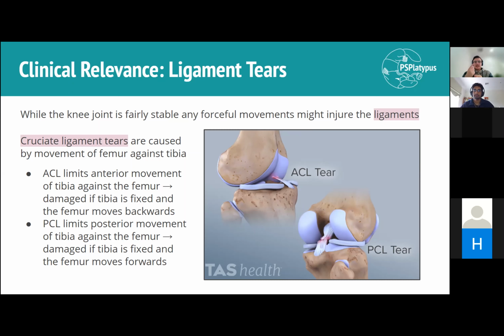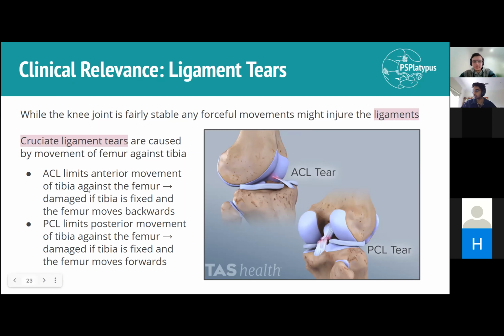So in this case, it's kind of the opposite. The ACL limits anterior movement of the tibia, or in other words, it limits posterior movement of the femur against the tibia. And that's what's actually going to happen clinically, where the tibia is fixed and it's the femur that's moving, not the femur being fixed and the tibia moving. So the ACL will be damaged if the tibia is fixed and the femur moves backwards.